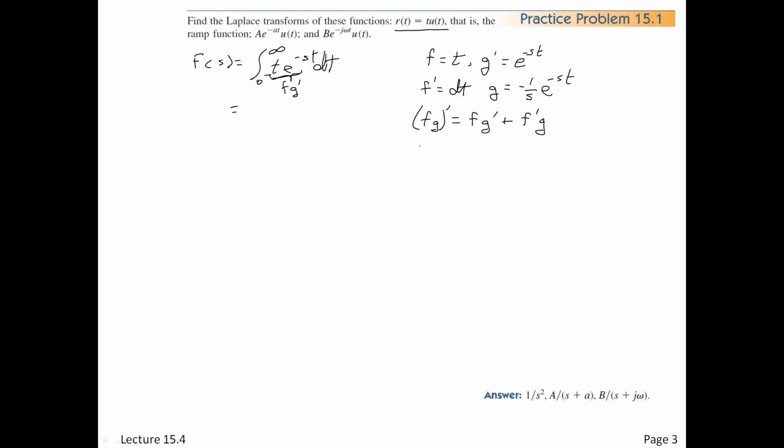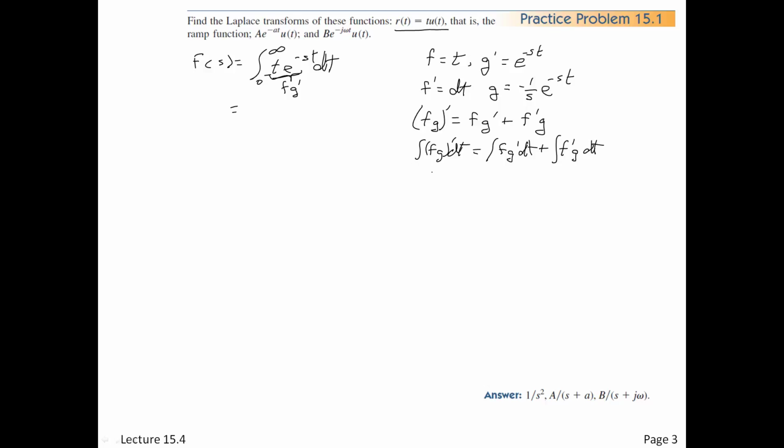So if we integrate the left side, fg product dt, and then we integrate the right side, so the integral of f g prime dt plus the integral of f prime g dt.